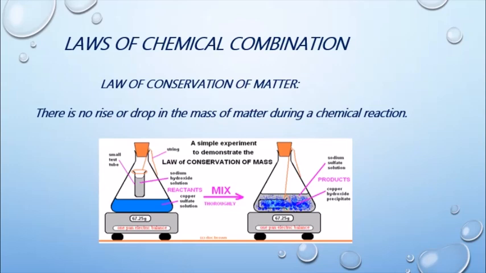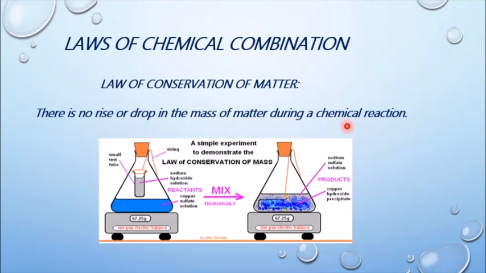Next is the law of chemical combination. Now, many scientists have studied about these chemical combinations and they have given a law, and the law states that there is no rise or drop in the mass of matter during a chemical reaction.